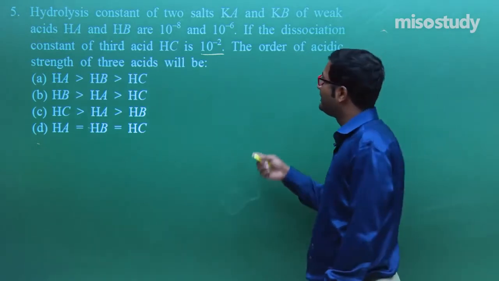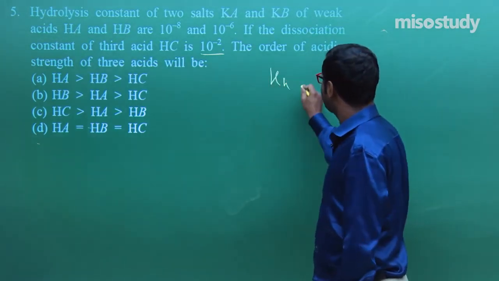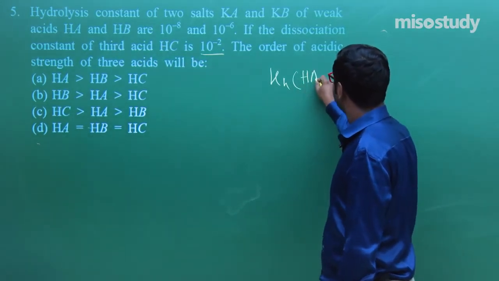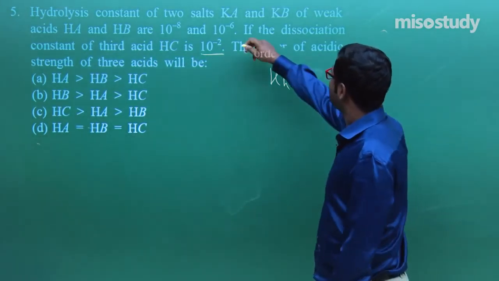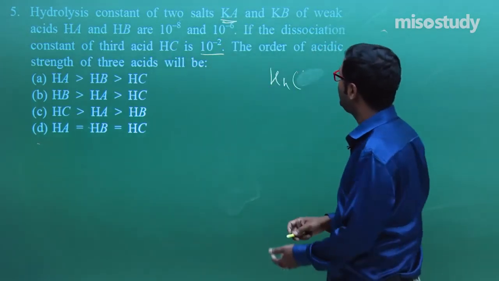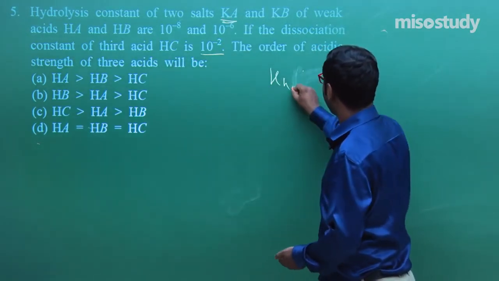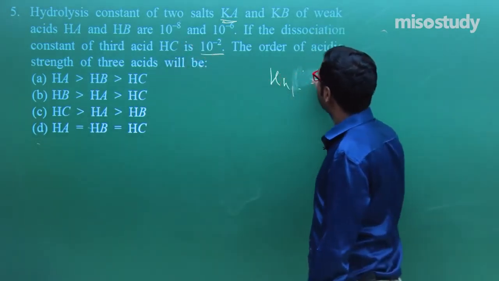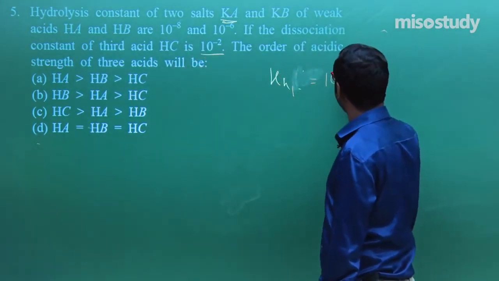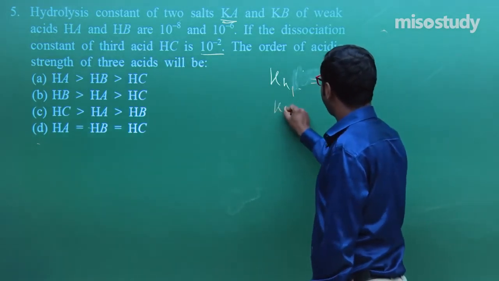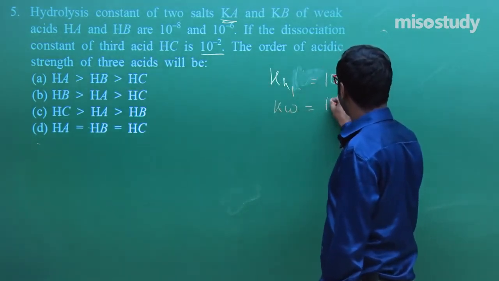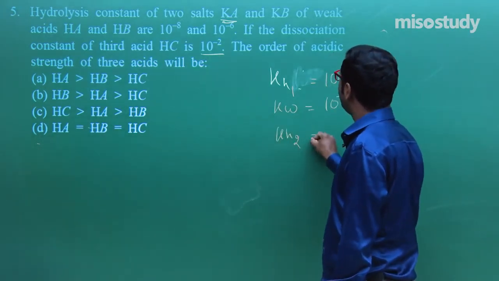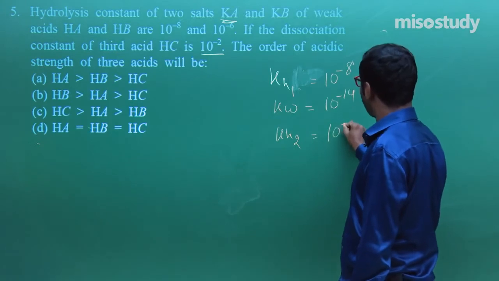The hydrolysis constant is given here, that is Kh is given for the first salt of acid HA. Sorry, Kh1 is given here, that is 10 to the power minus 8. And we know Kw is equal to 10 to the power minus 14. Kh2 here is given as 10 to the power minus 6.